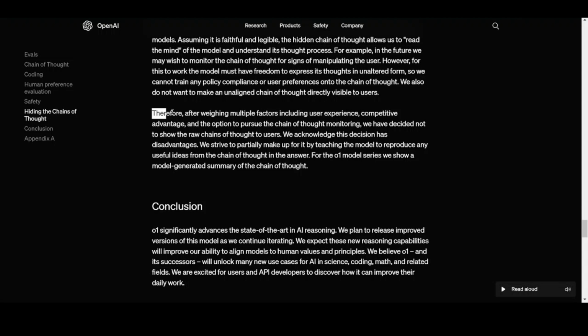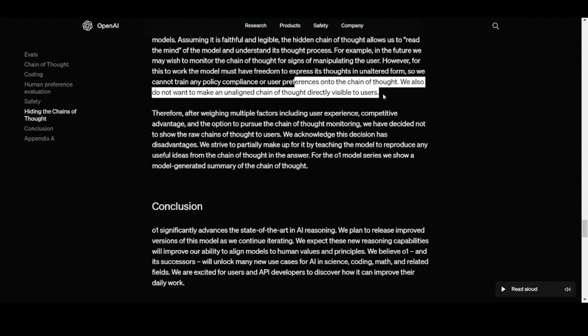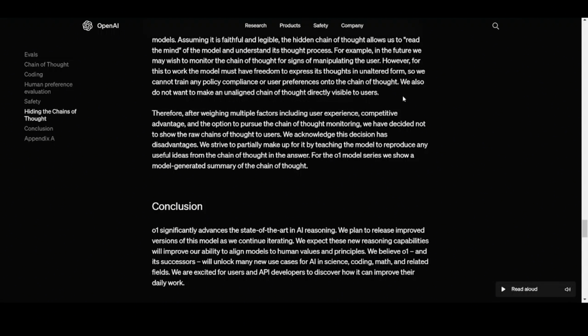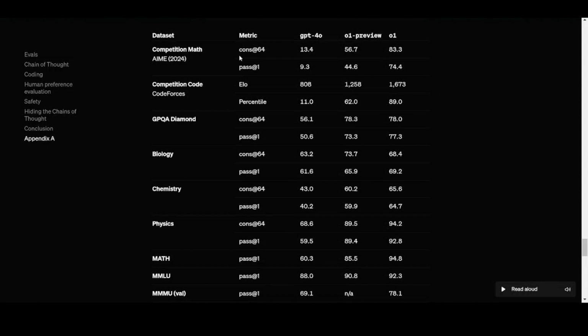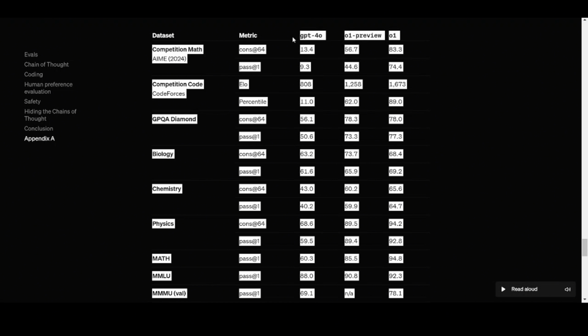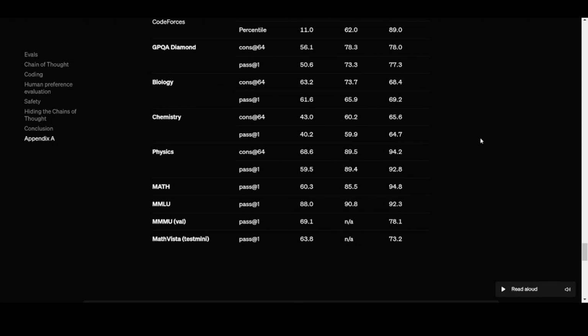However, for this to work, the model must have freedom to express its thoughts in an unaltered form, so we cannot train any policy compliance or user preferences onto the chain of thought. We also do not want to make an unaligned chain of thought directly visible to users. Therefore, after weighing multiple factors including user experience, competitive advantage, and the option to pursue the chain of thought monitoring, we have decided not to show the raw chains of thought to users.